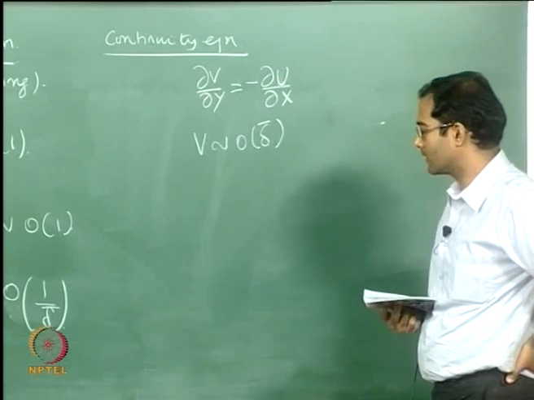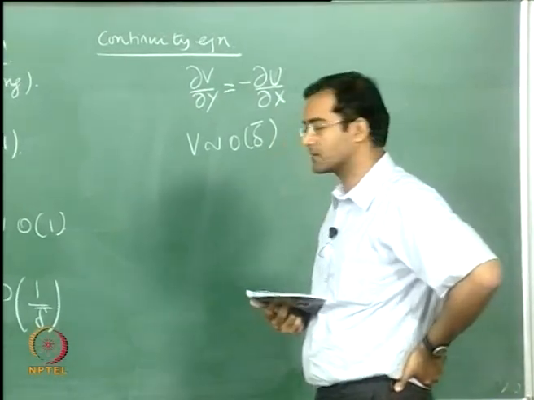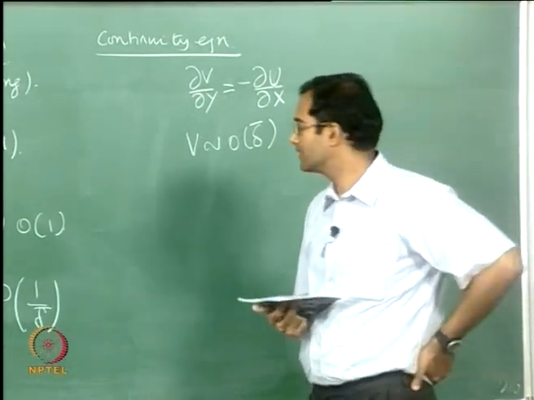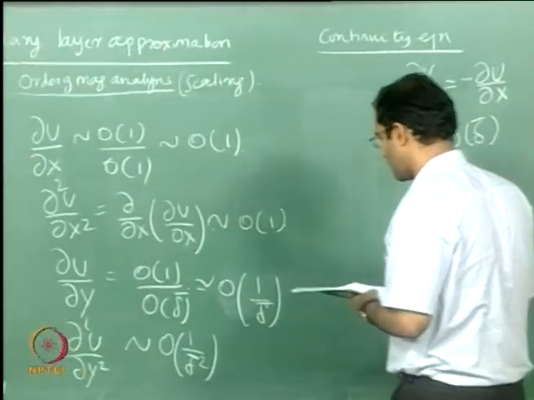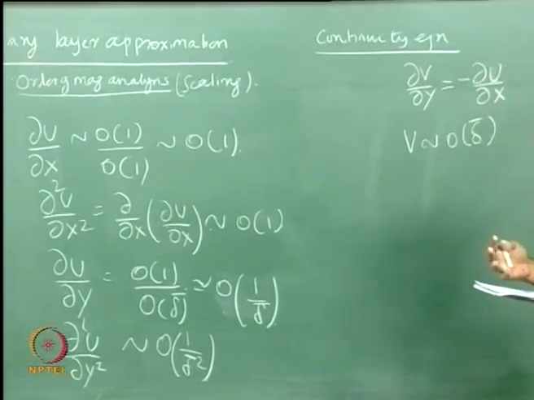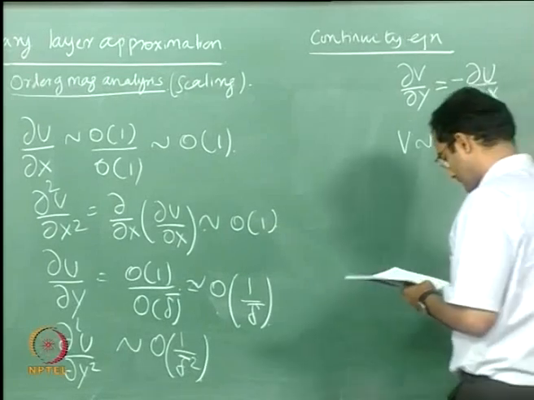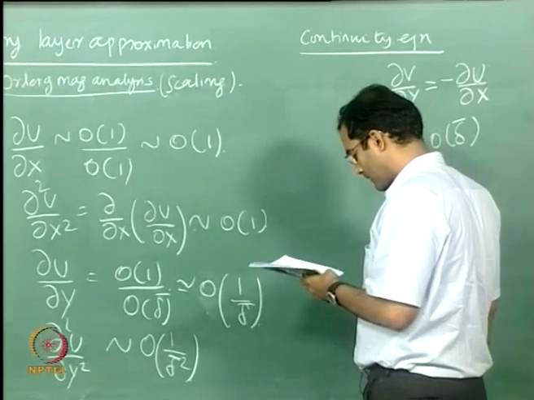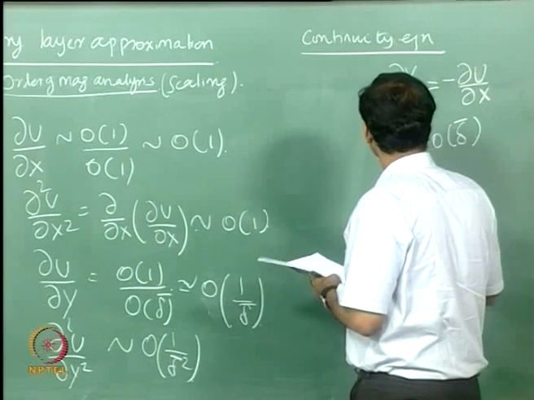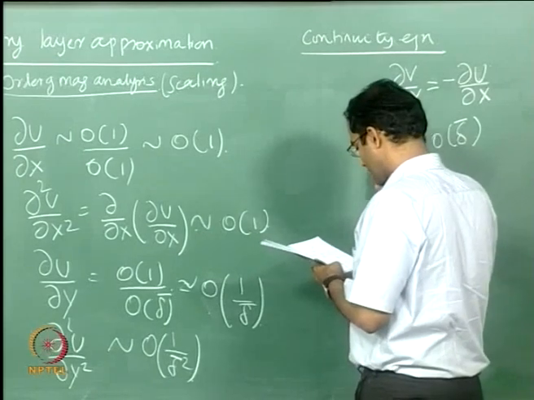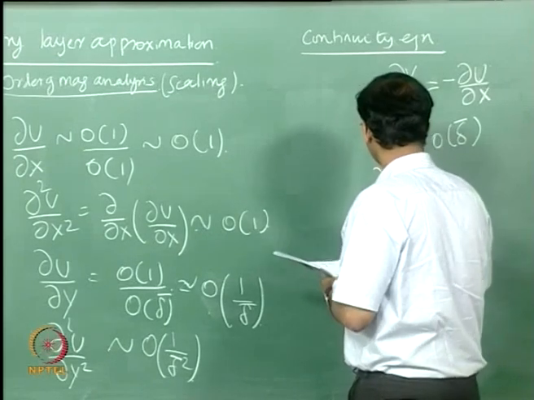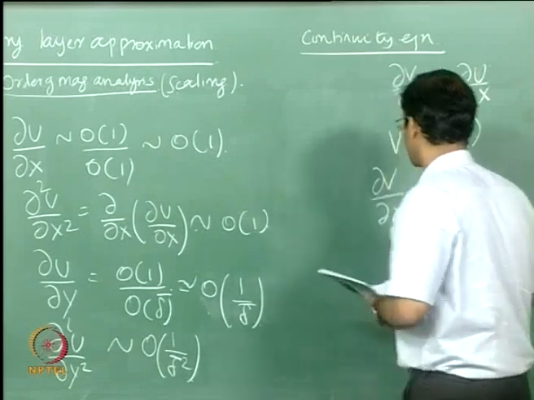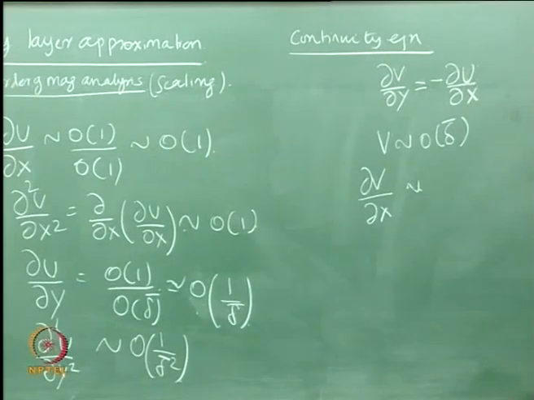Dou u by dou y? Yes, we will be coming to that. First we just write down, and then we will later say which order of magnitude is higher, which of the terms are probably more important than the other terms. So your dv by dx now should be what? What should be the order of magnitude?